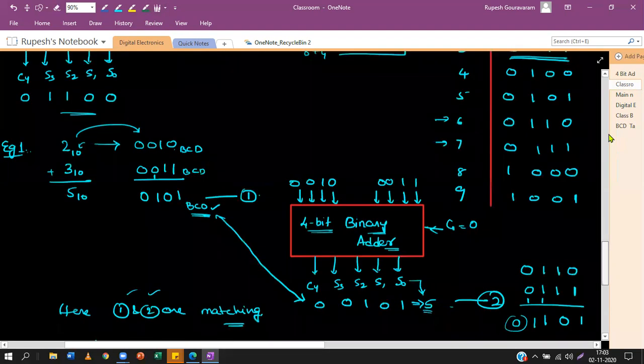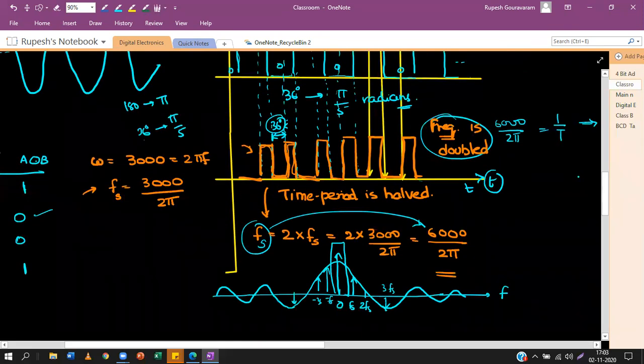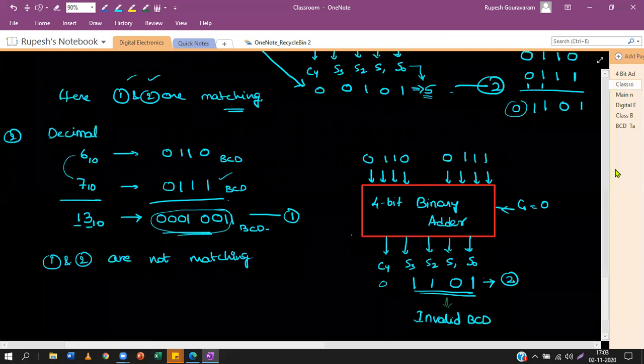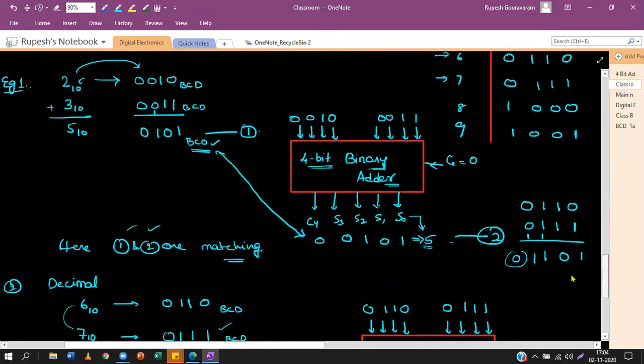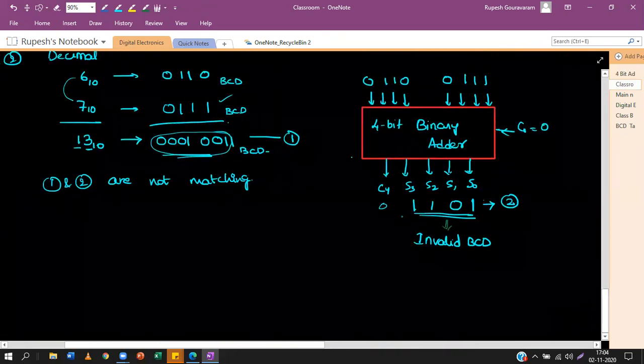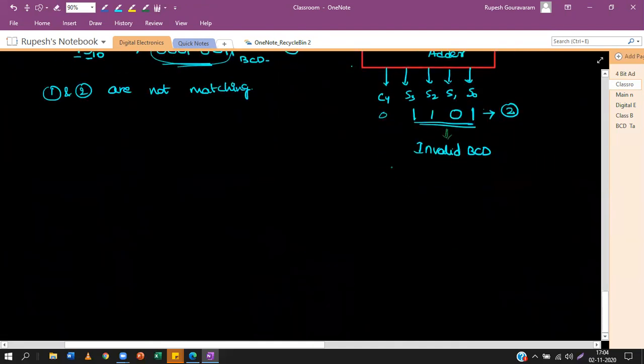So what to do with this invalid BCD value? If you get such a thing, then we add the correction factor of 6. So the correction factor is equal to 6.